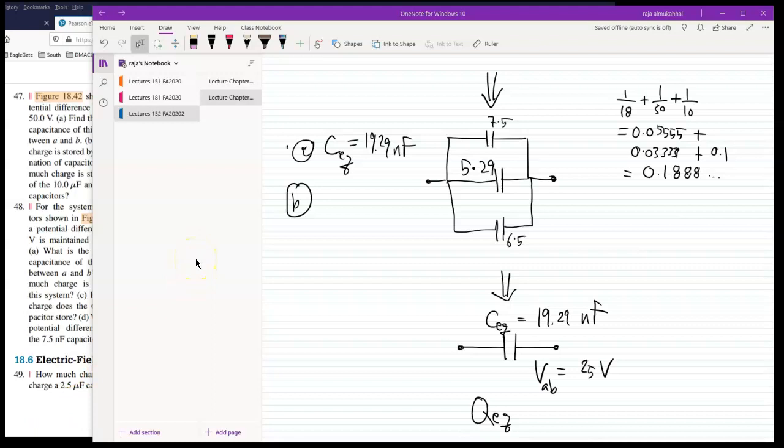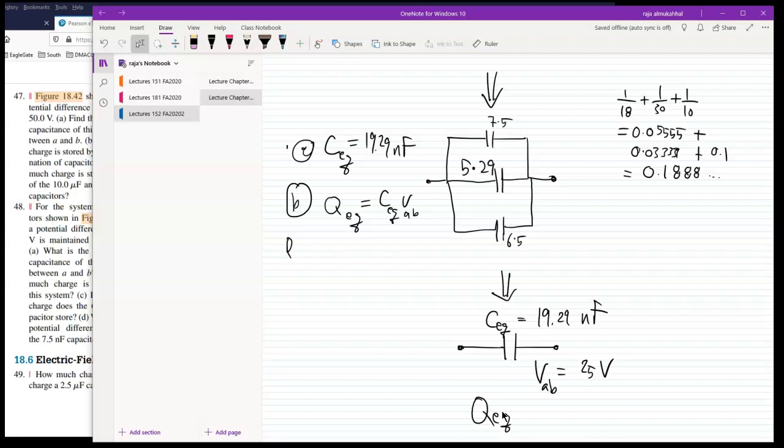There are 2 ways to do it. He says how much charge is stored in the system. Basically, how much charge is stored in the equivalent capacitor right here, in the equivalent circuit, which is basically what he wants. Well, how do we find this one? It's just CV, C equivalent V_AB.